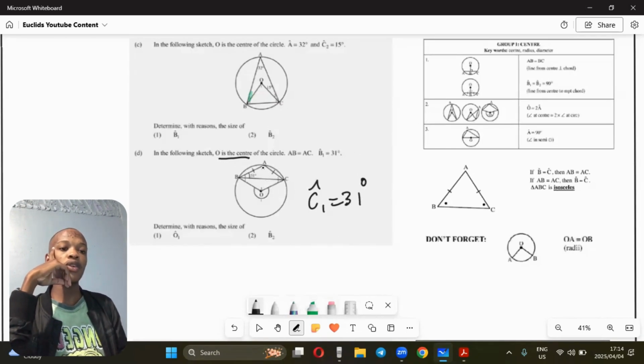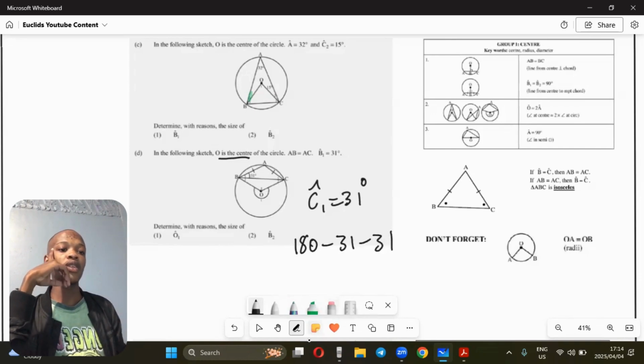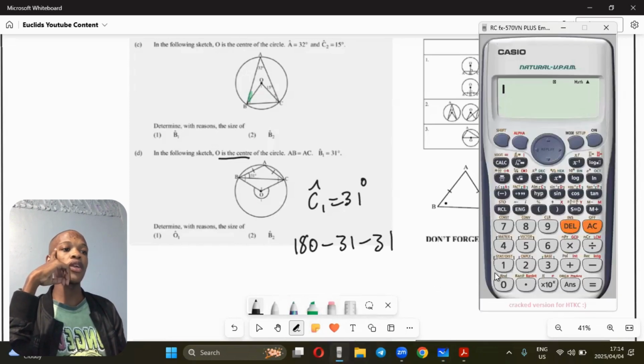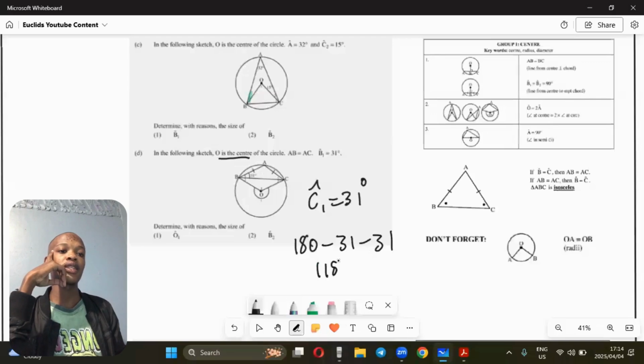So now in order to calculate A, I'm going to use the sum of angles of a triangle: 180 minus 31 minus 31. So what's the remaining size for A? It is equal to 118.